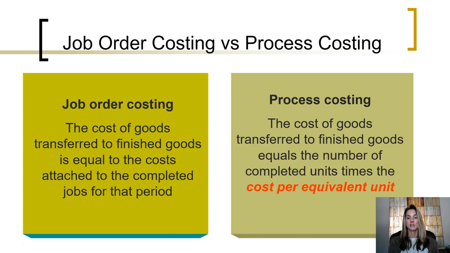However, in a process costing system, the cost of goods transferred from goods in process to finished goods is equal to the number of the completed units times a cost per equivalent unit.